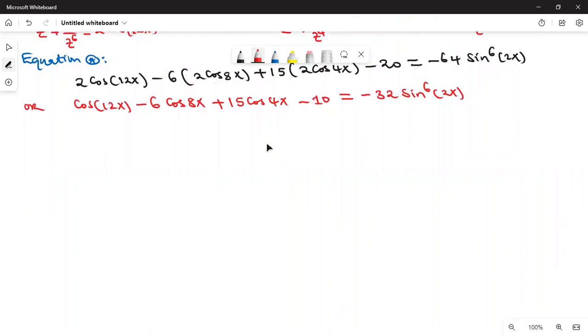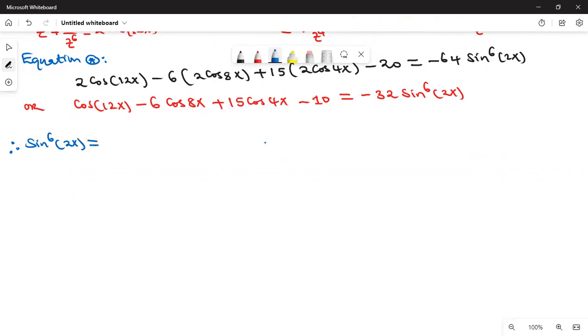So make sine raised to 6 of 2x the subject.